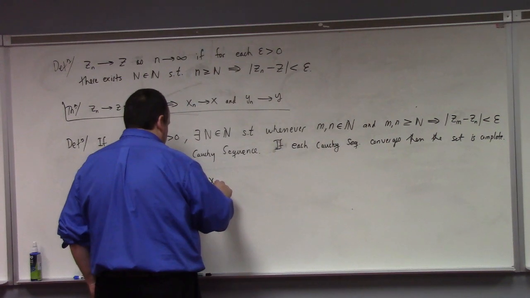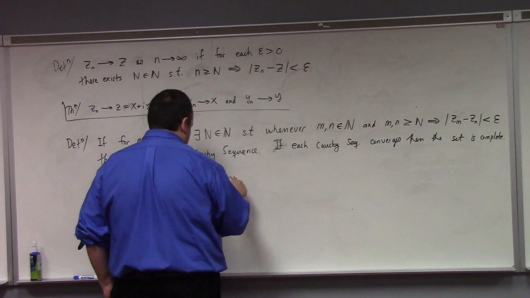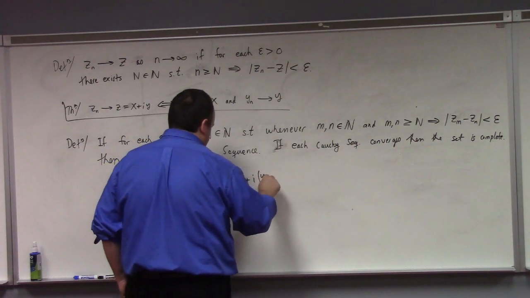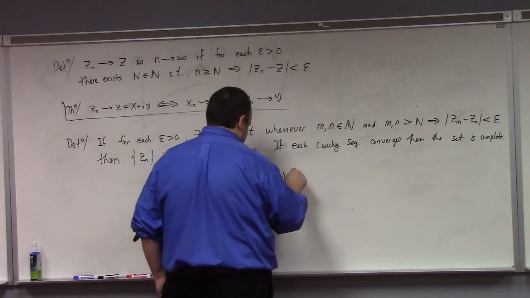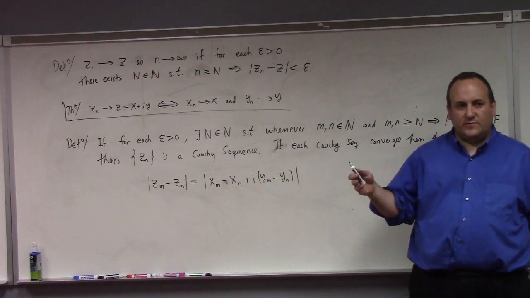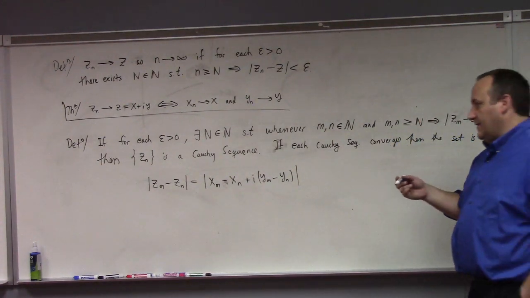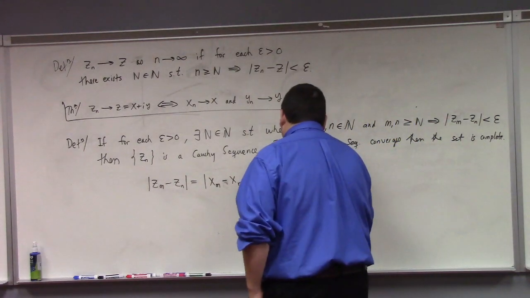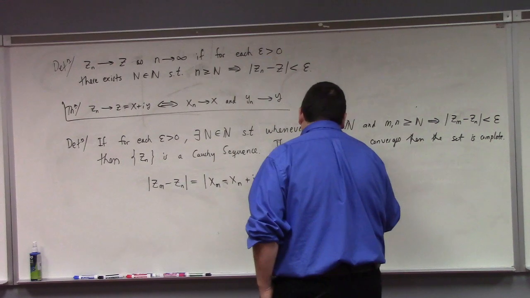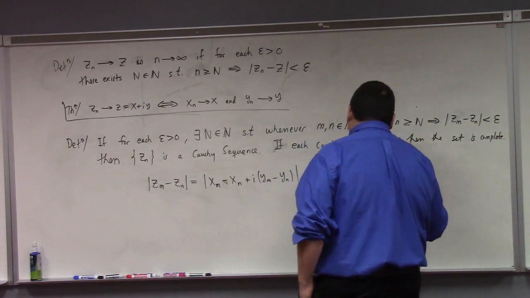This would be xm minus xn, plus i times ym minus yn. If you had a complex sequence, you could look at its real and imaginary parts like this. And this would be less than or equal to the absolute value of the difference of the real parts plus the absolute value of the difference of the imaginary parts.